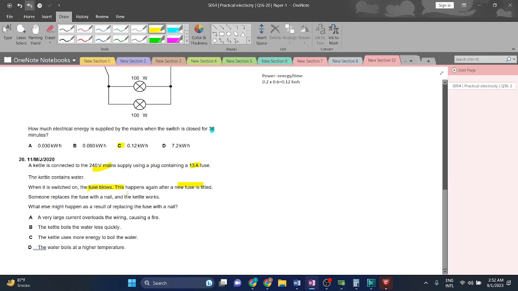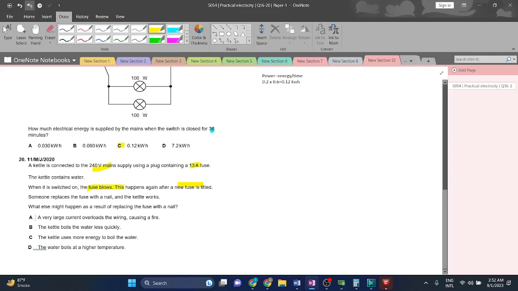Someone replaces the fuse with a nail and the kettle works. The kettle working is a very bad sign because there seems to be a problem with the kettle, and if not fixed, something bad might happen. What else might happen as a result of replacing the fuse with a nail? Now it is running, but it won't work for long because the current running through the kettle is way higher than the kettle can withstand.